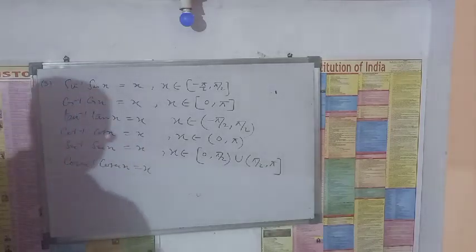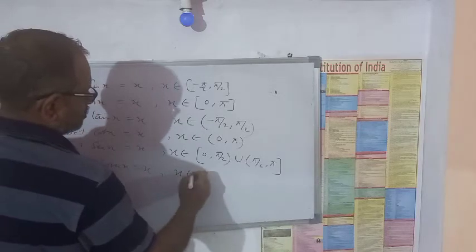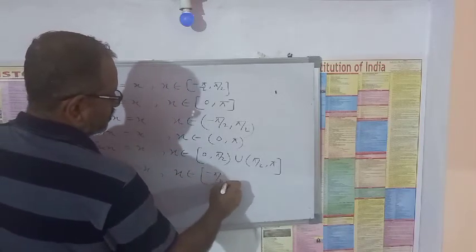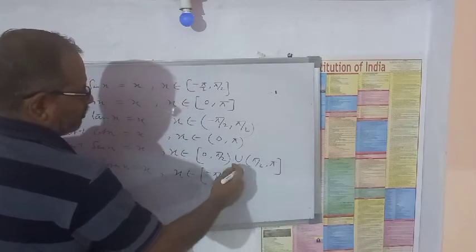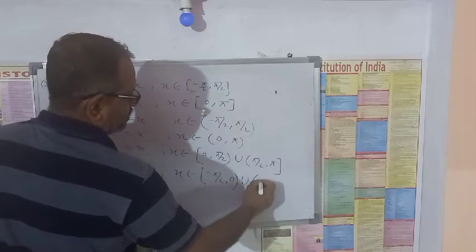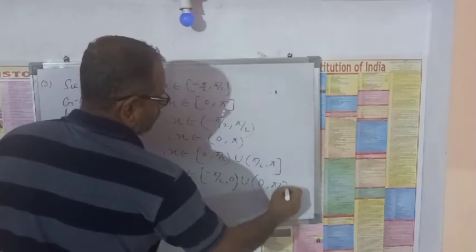And for cosec inverse x, x belongs to minus pi by 2 to 0. We have to put the sign of open interval from the side of 0, union 0 to pi by 2.